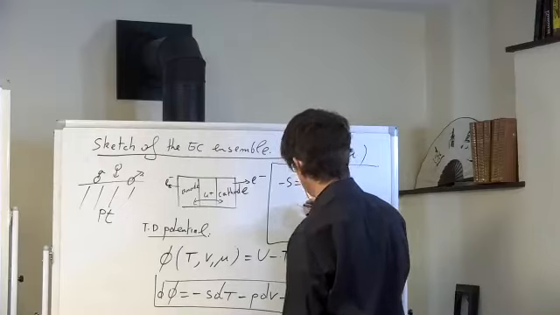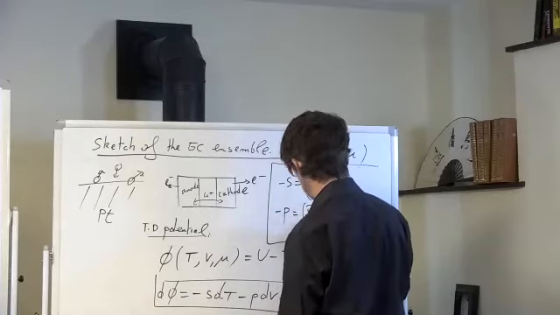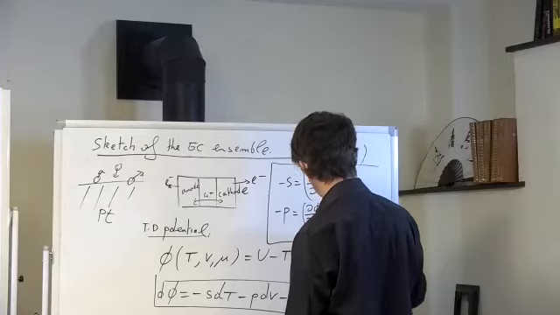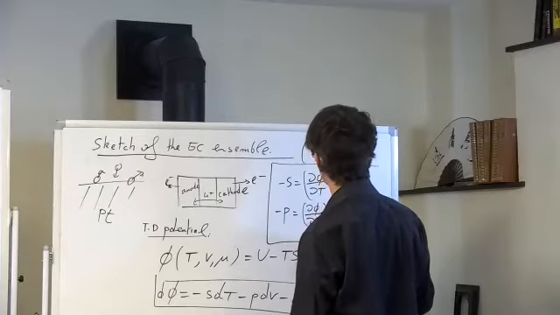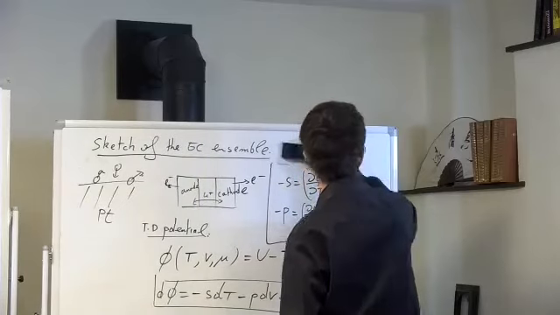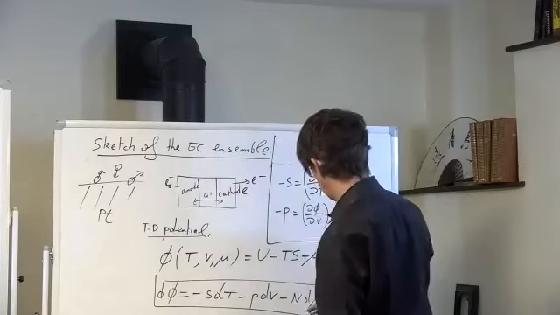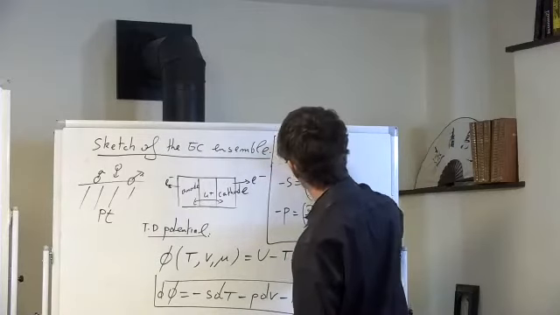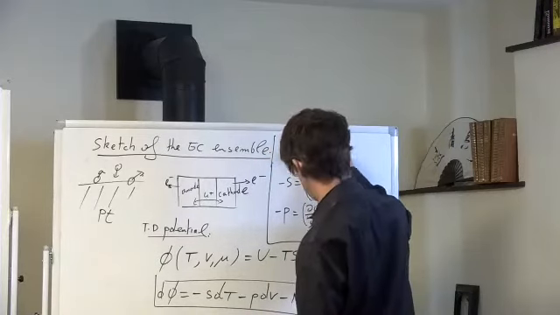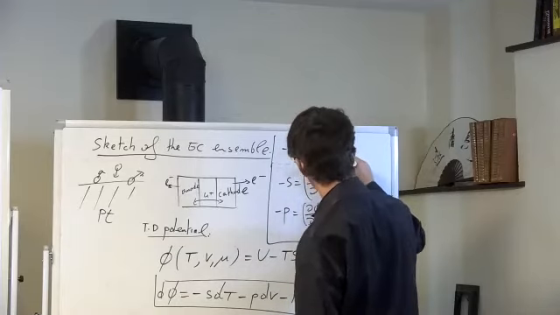Minus P would be d phi dV at constant T and mu. And minus N would be d phi d mu at constant V and T.